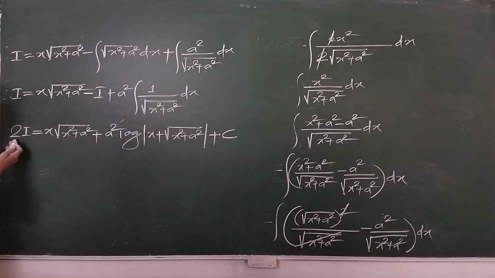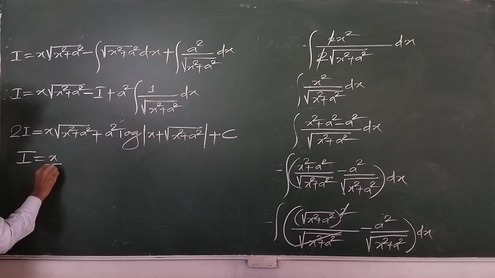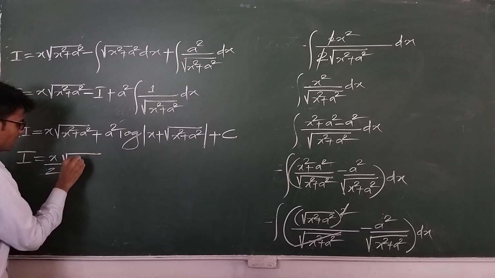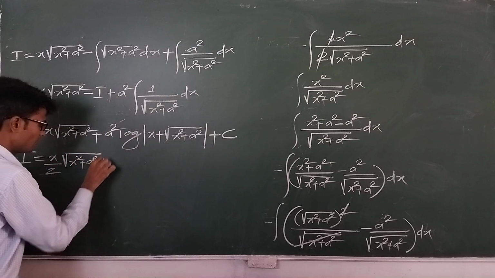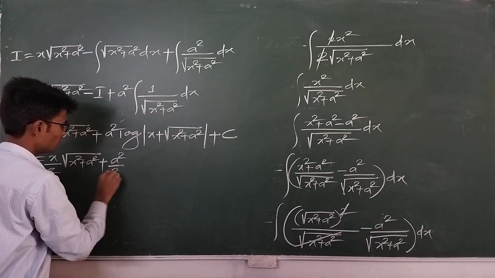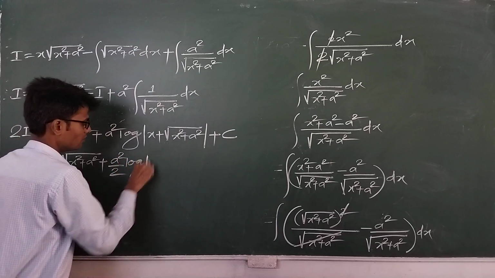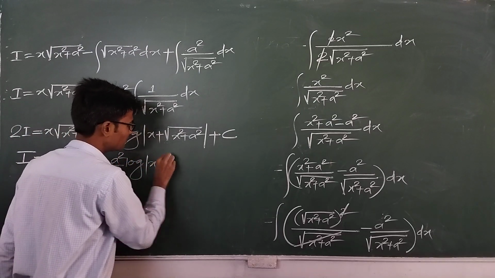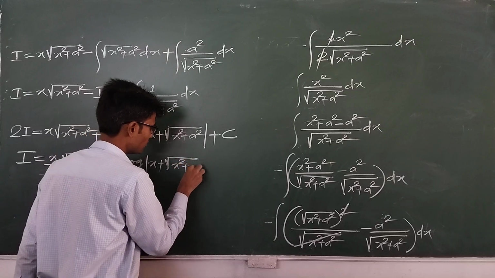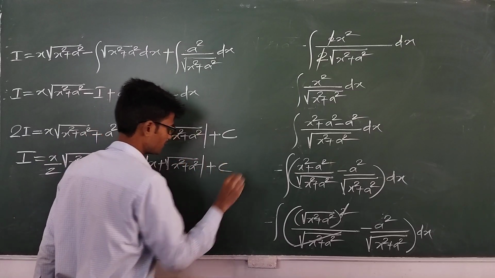Right? So now we take 2 to this side. It becomes I equal to x by 2 square root of x square plus a square plus a square by 2 log of mod x plus square root of x square plus a square, mod complete, plus c.